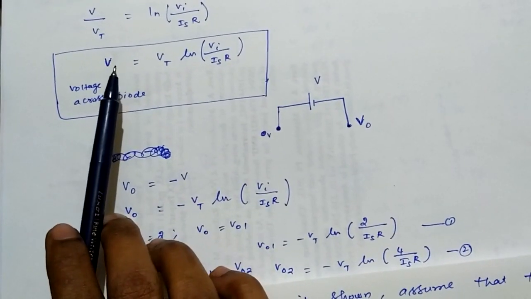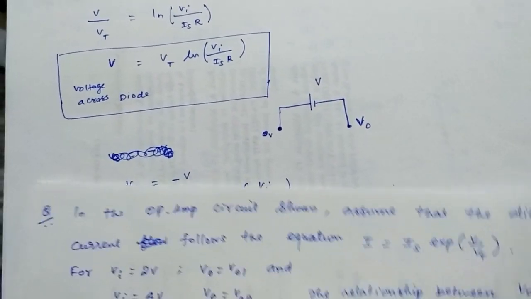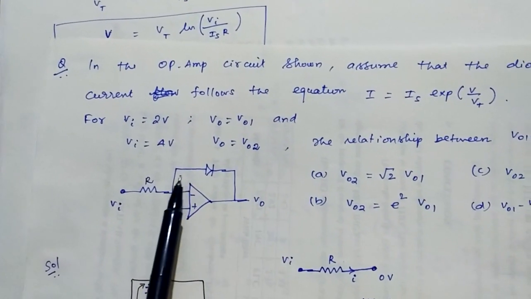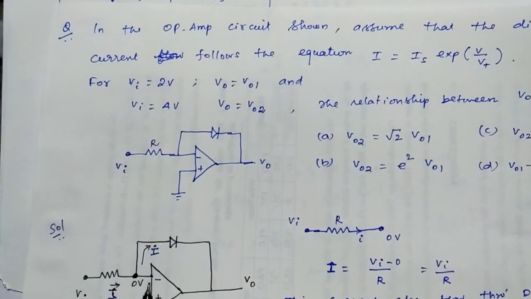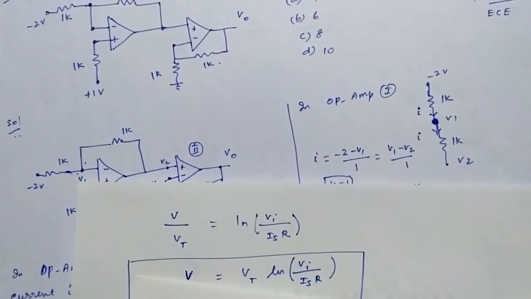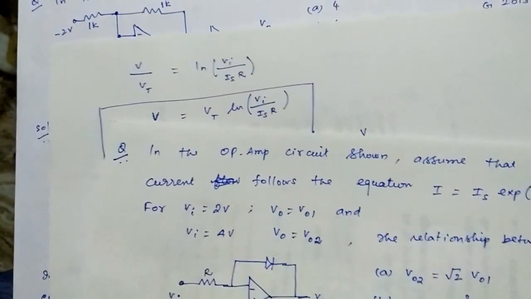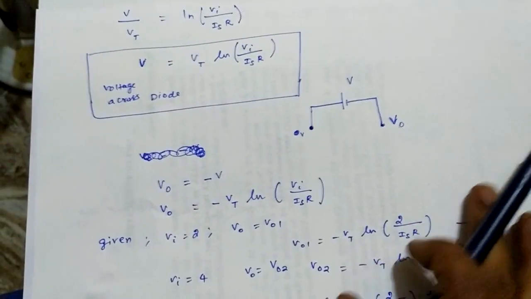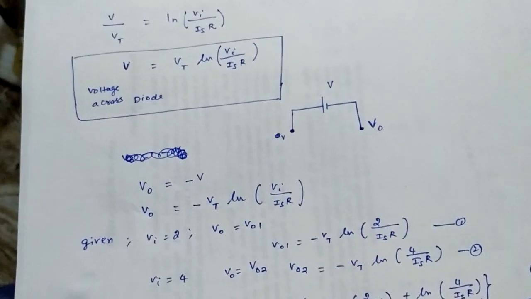So this V is nothing but the voltage across this diode. In this area alone we redraw it like this.